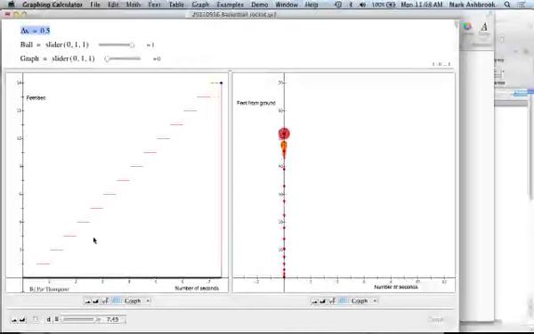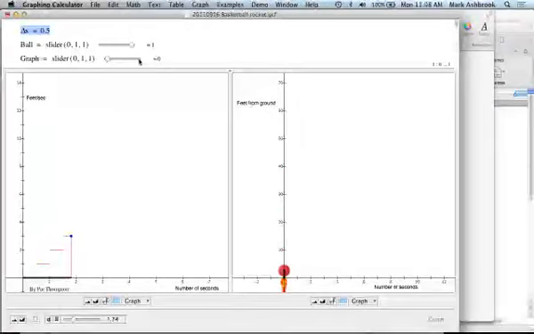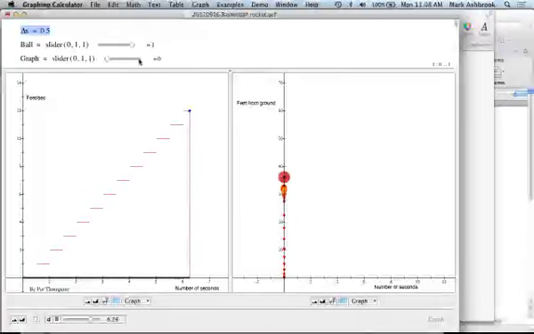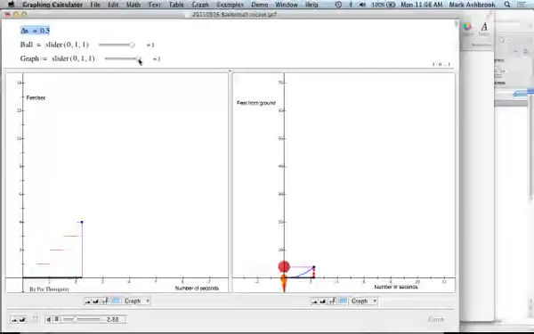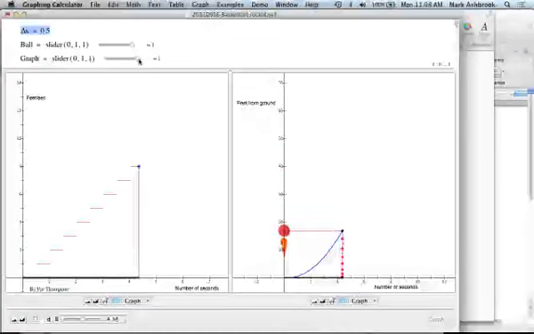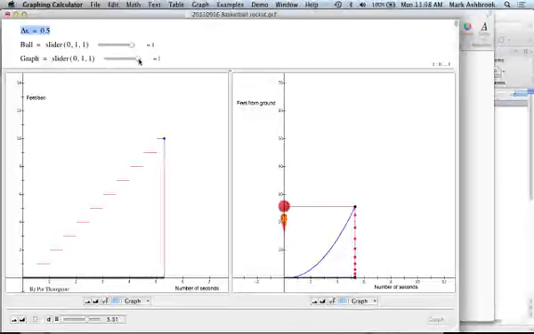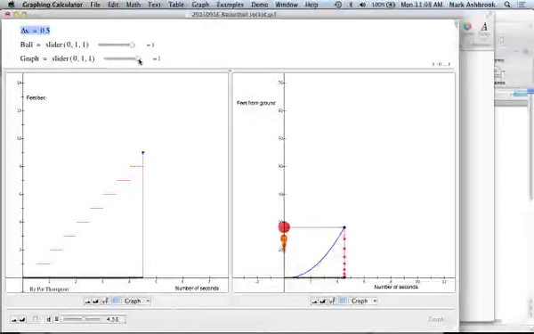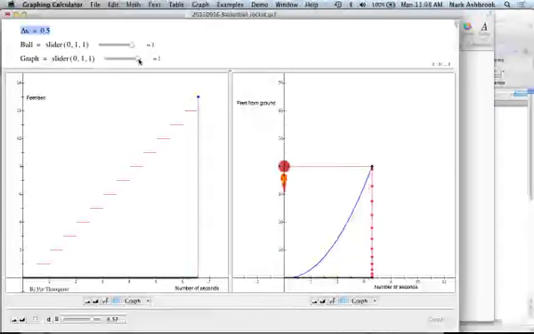Got your idea in your head? Here we go. Is that what you thought? Is it a curve? Yes. People are saying yes, it's a curve. Is it a curve?